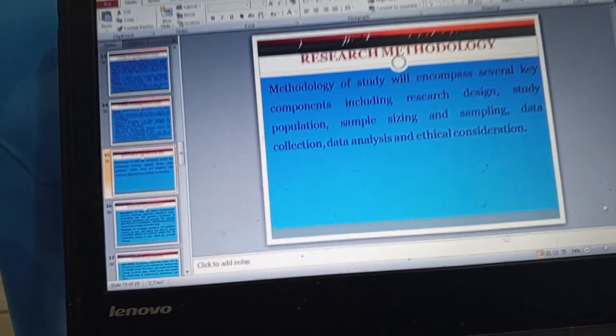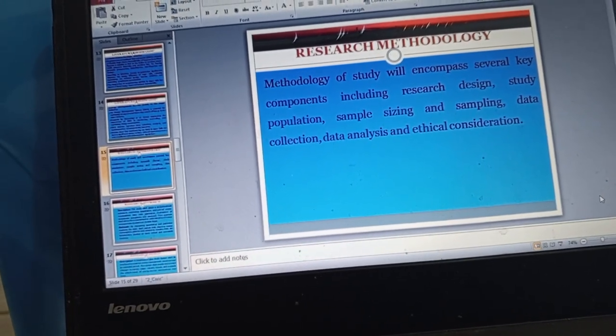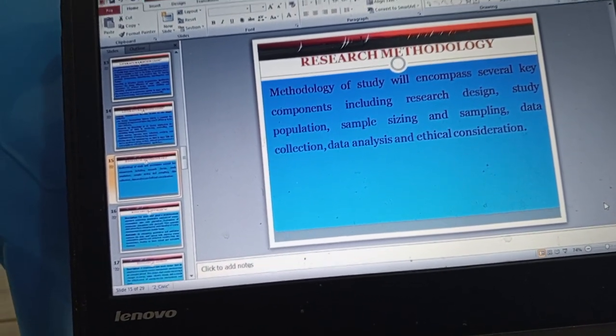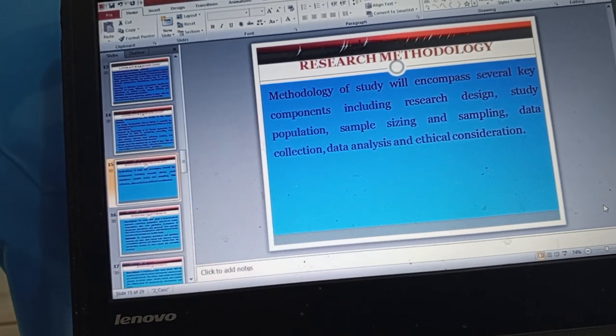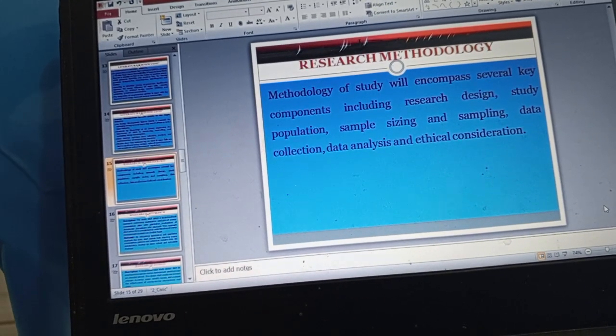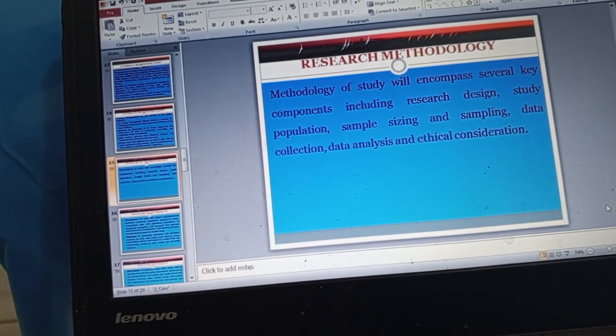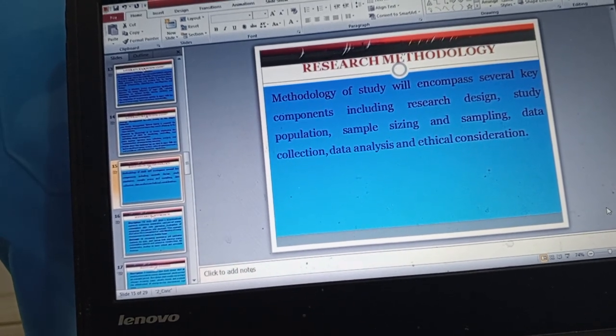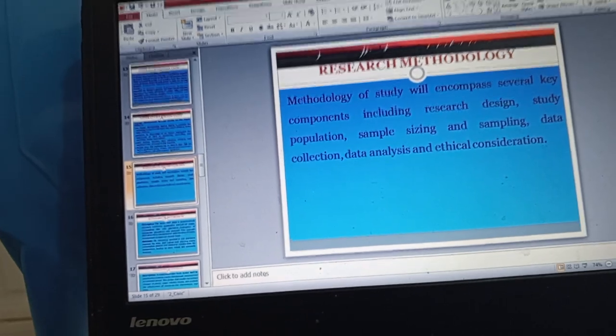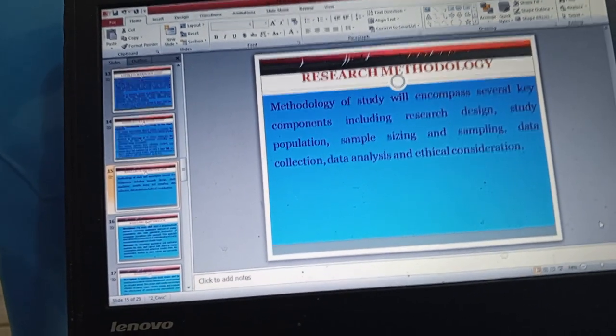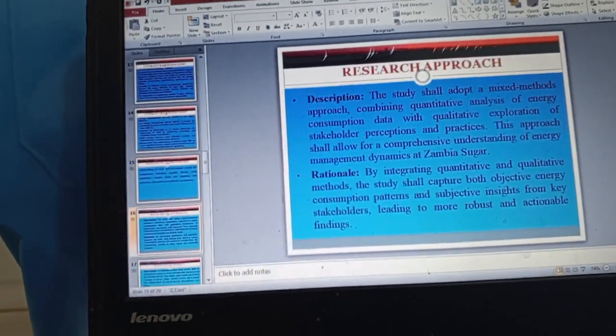Then the methodology of the study will encompass several key components, including research design, study population, sample size and sampling, data collection, data analysis, and also ensuring that we observe the ethical considerations.